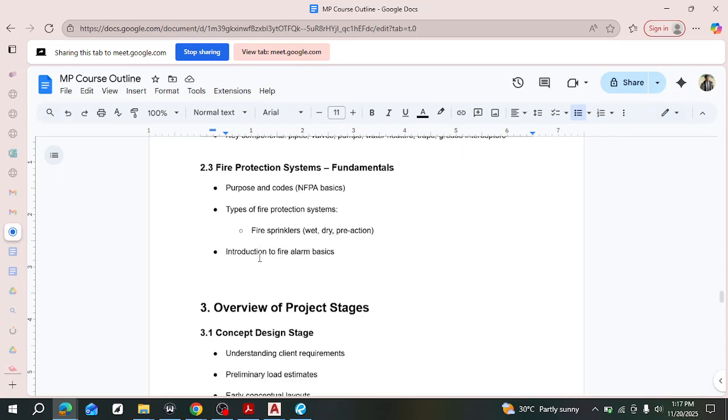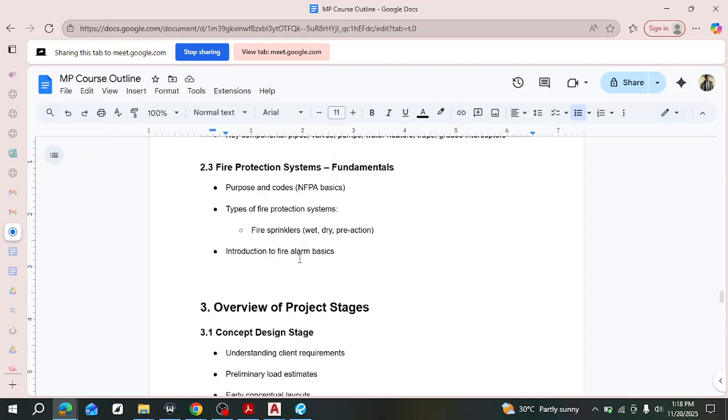Then fire sprinklers. Fire sprinklers could either be wet, dry, or pre-action, but we're going to be working with just wet. The dry or pre-action could be used depending on the nature of the space, but let me not spend too much time on it since you're not going to work on it.